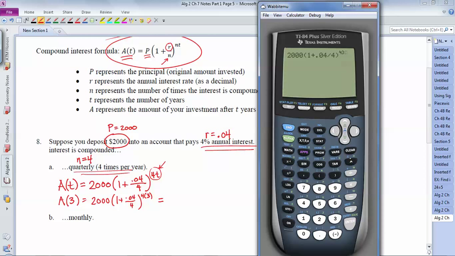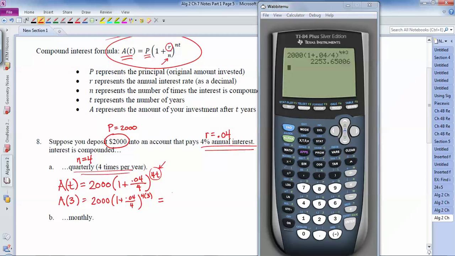Come on, calculator. Enter. $2,253.65. Okay, so that's if you compound once every 3 months, 4 times a year.